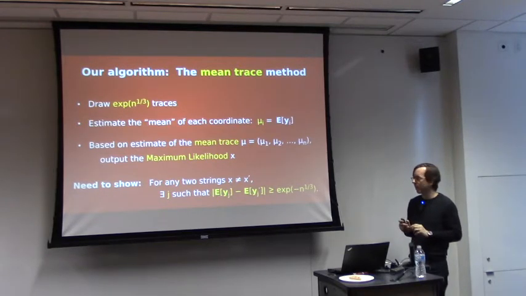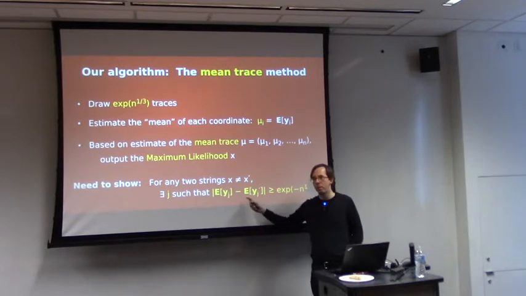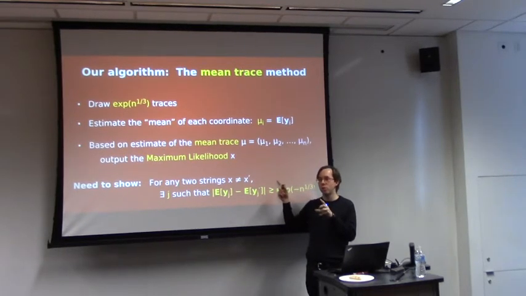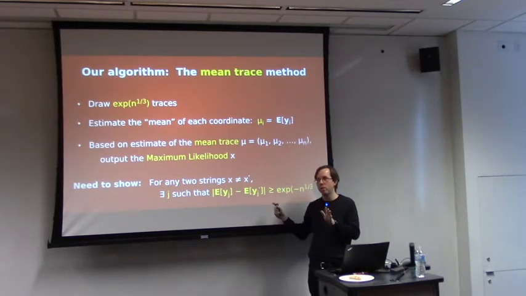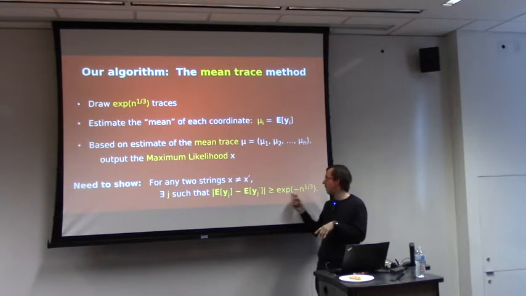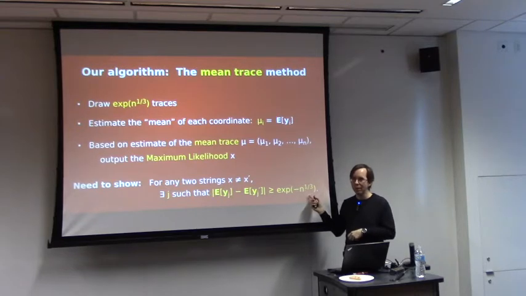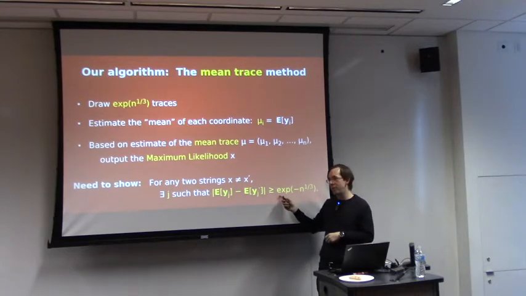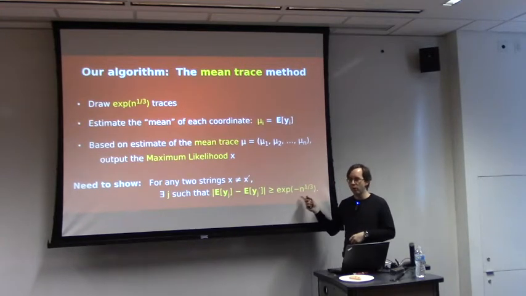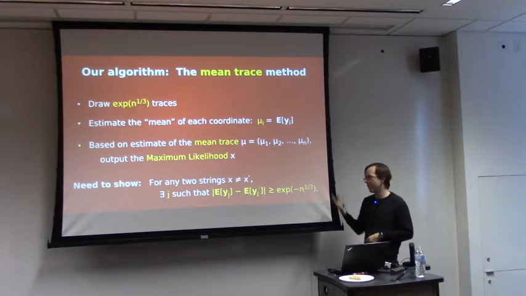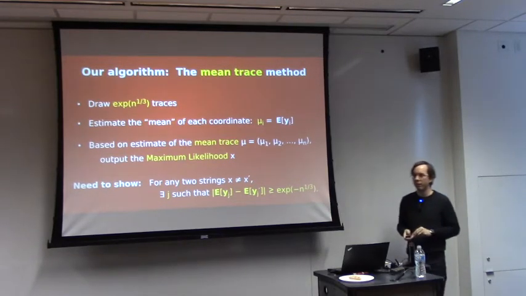I'm just going to show that the true mean traces are far apart. And therefore, if you estimate the true mean traces well enough, you can tell the difference. How well do you need to estimate them? Better than the amount by which they differ. And the number of samples you need to get this accuracy is like 1 over this amount squared. And the square is negligible. I'm hiding constants here.